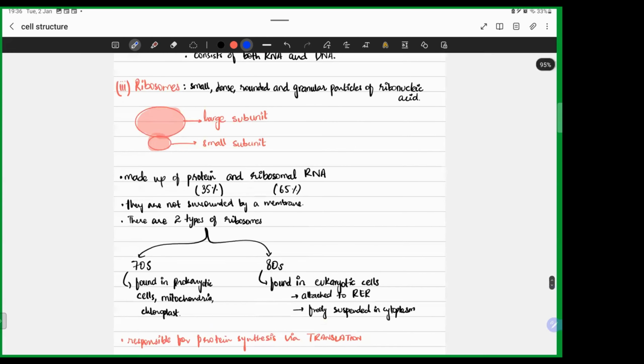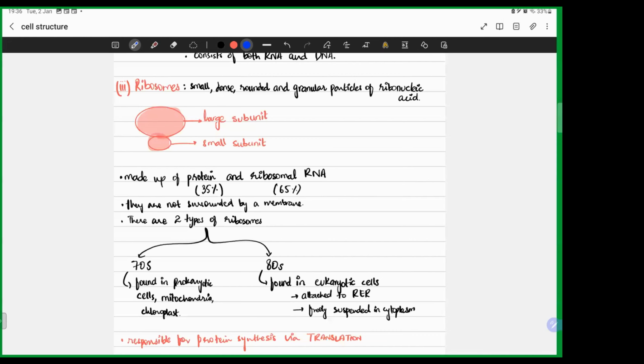Now, we just understood that ribosomes are made up of two subunits. There is a large subunit and there is a small subunit. They are made up of protein and ribosomal RNA. Now, it's very important to understand that they're not surrounded by a membrane. Now, let's take a pause over here and go back to our previous lecture in which we said that prokaryotes are those organisms, those cells which do not possess a true nucleus and which do not have any membrane-bound organelles, right?